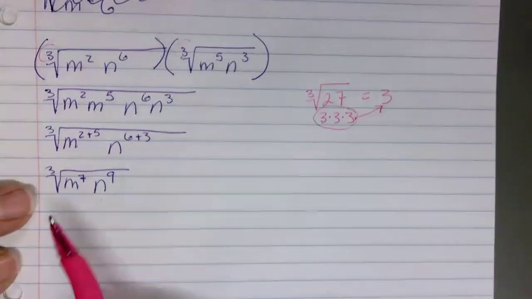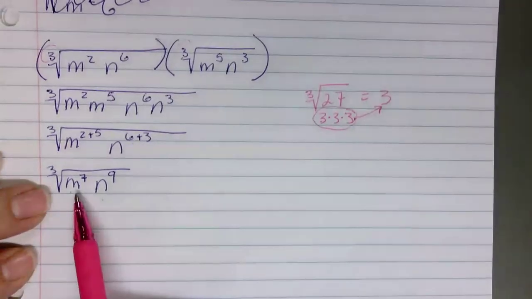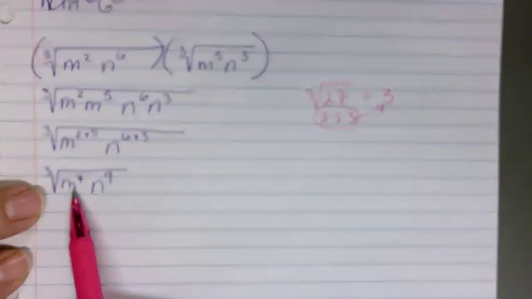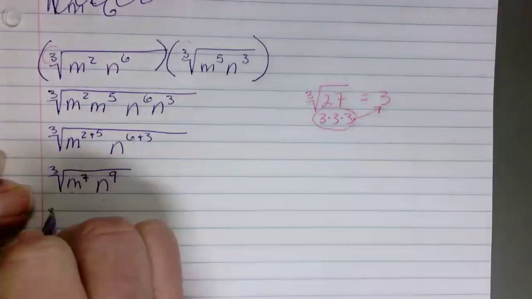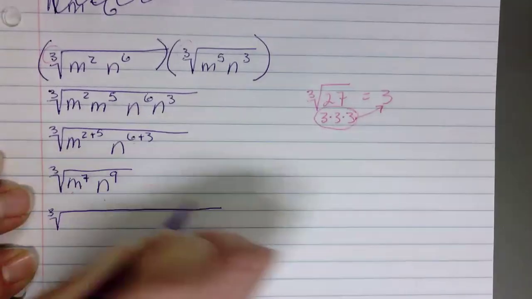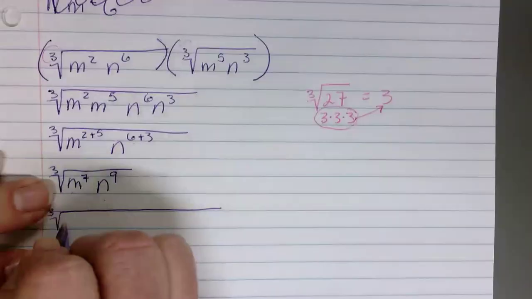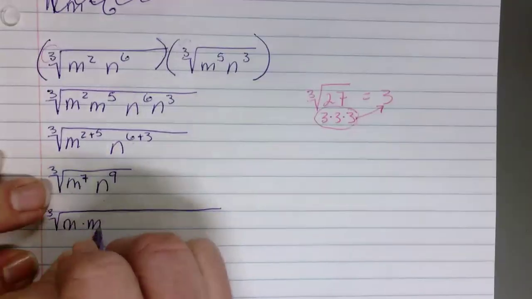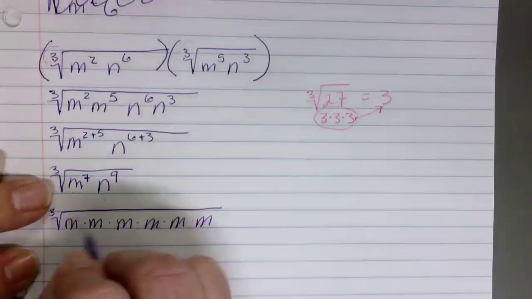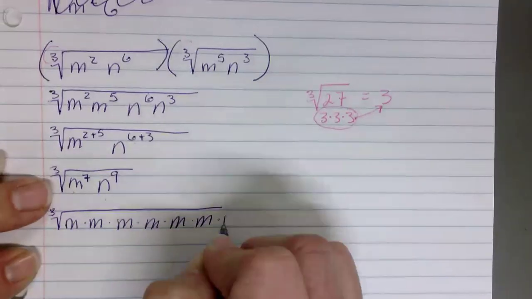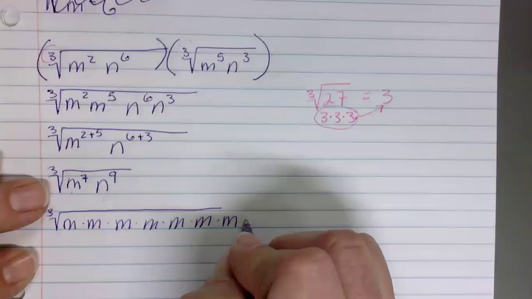All right. So here I would like to find how many groups of 3 I have. So one way to do it is to write it all out. So if we have the cube root, and then I have 7 m's in here. I've got m times n times n times n. And I have 9 n's.